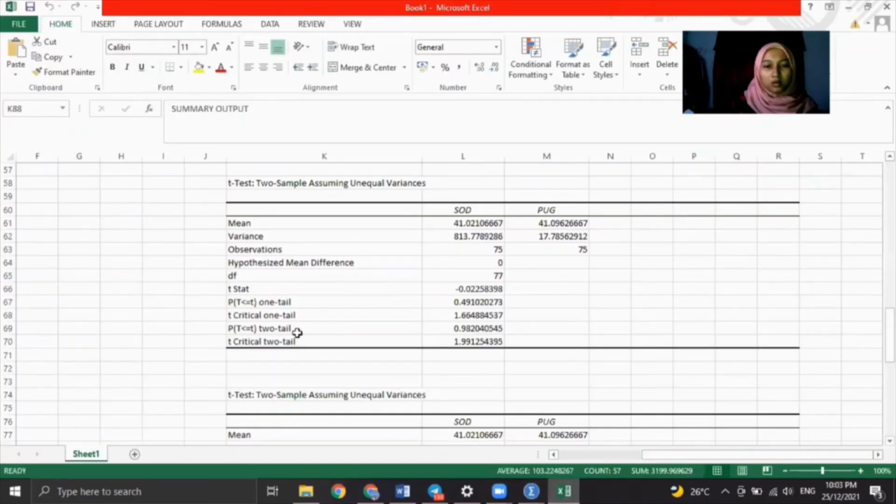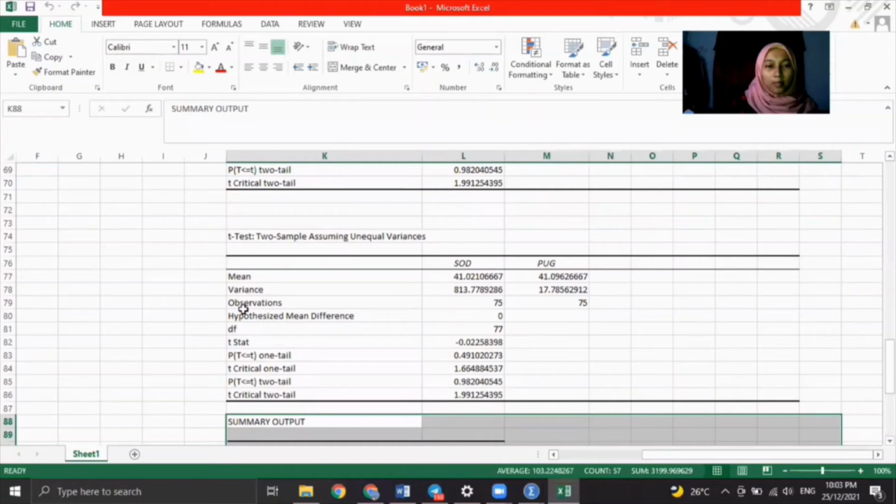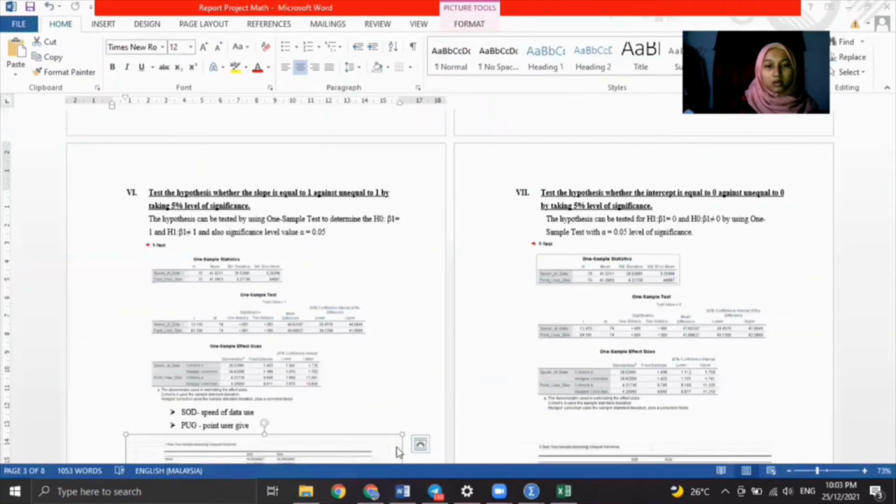So I also analyze the hypothesis for the question: intercept equal to 0 against unequal to 0.